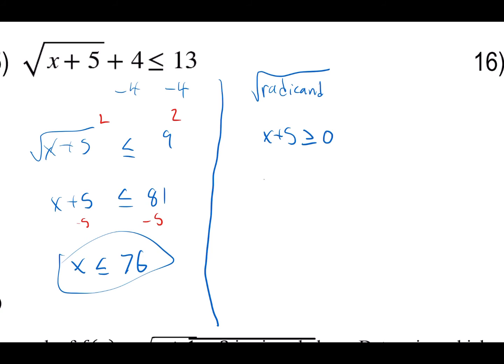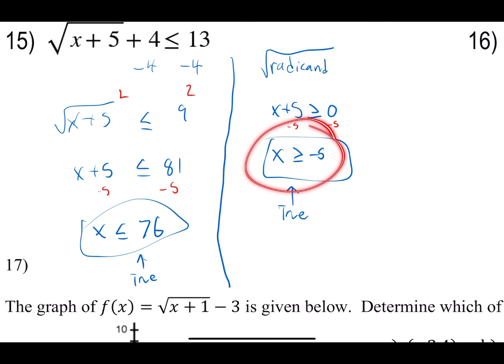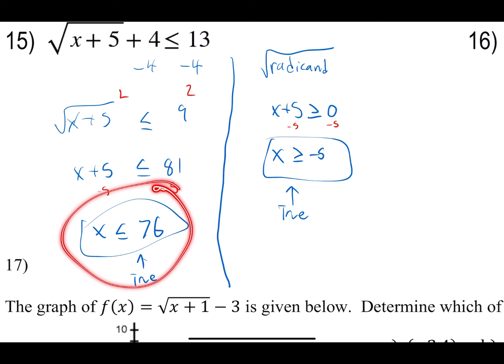When is this thing okay? When x is greater than or equal to negative 5, minus 5 to both sides. As long as this thing is true, then this other thing is also allowed to be true. Now, sometimes it's redundant. If the values have to be greater than or equal to negative 5, my answer from the original solving might already include that, and it's not necessary to state it any further.